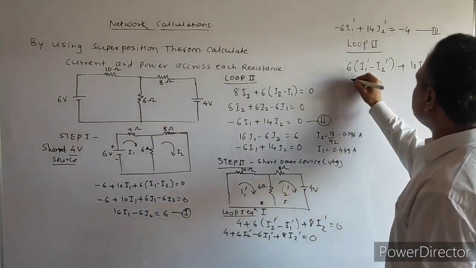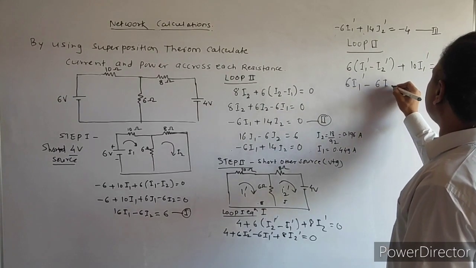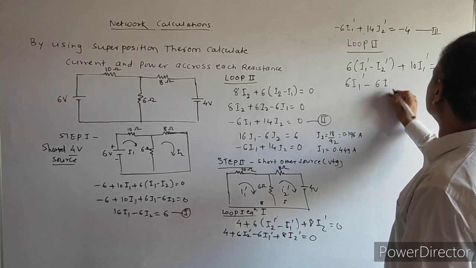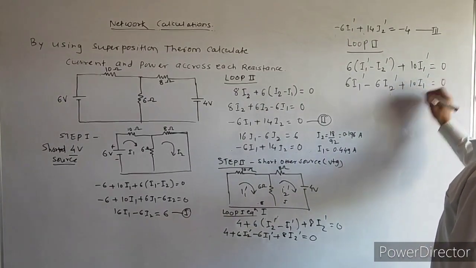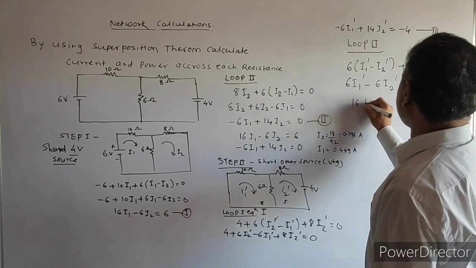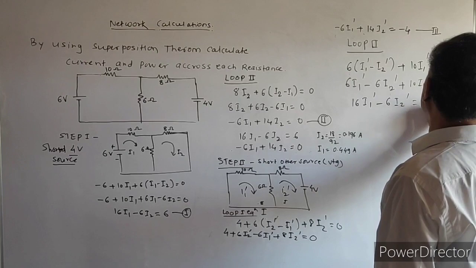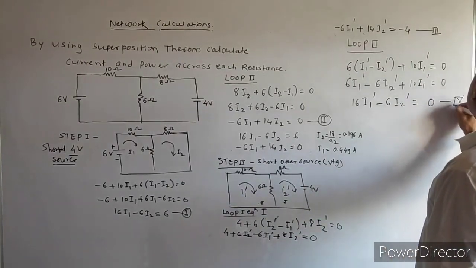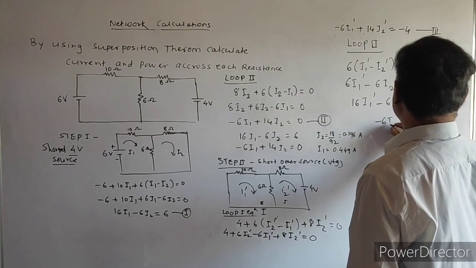Now if we solve this equation, what we get is 6I1 dash minus 6I2 dash plus 10I1 dash is equal to 0, or we can say that 16I1 dash minus 6I2 dash is equal to 0. Now we will solve equations 3 and 4 to find the values of I1 dash and I2 dash.